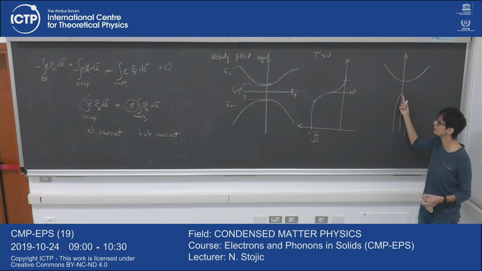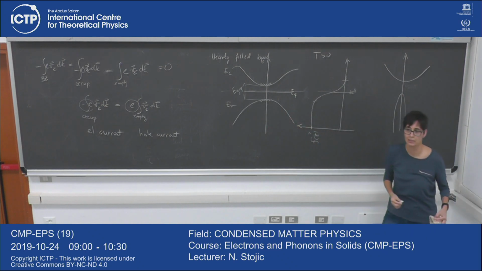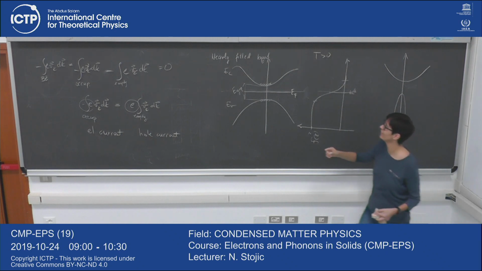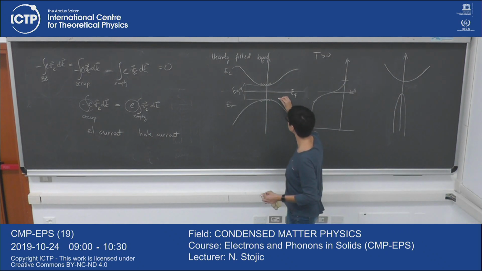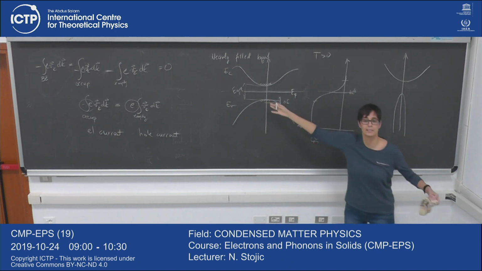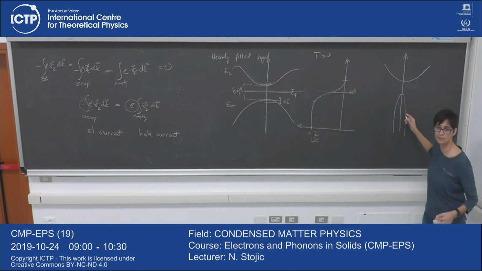What is the difference between this and this? The width. But how many states? Let's say in this delta E, I have n states. This has more states than this. Exactly.